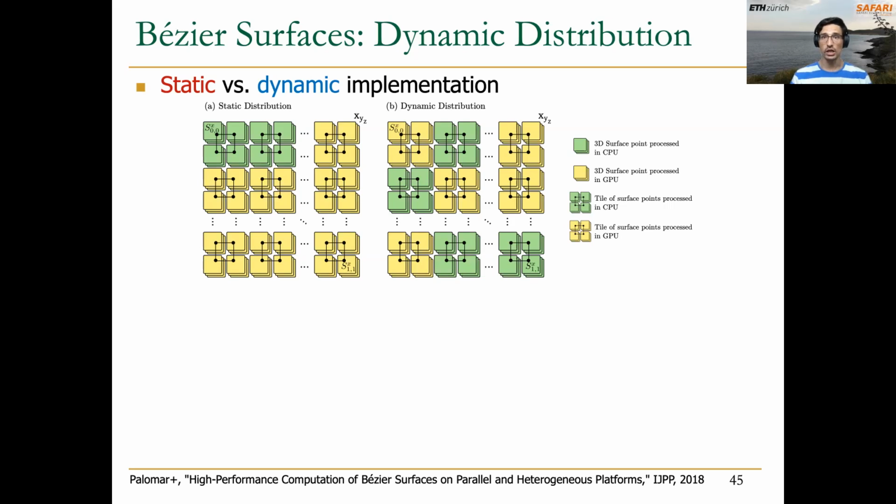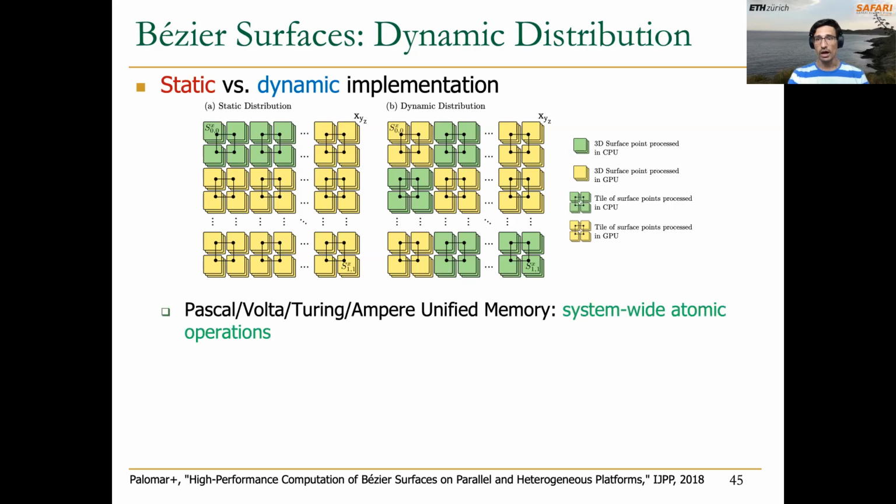As I said in the beginning, these Bezier surfaces are a relatively regular workload, but for workloads with more irregular computation, this dynamic implementation can be a very good way of balancing the workload across the different devices. This is possible in Pascal and later NVIDIA GPU generations, thanks to the use of unified memory and system-wide atomic operations.